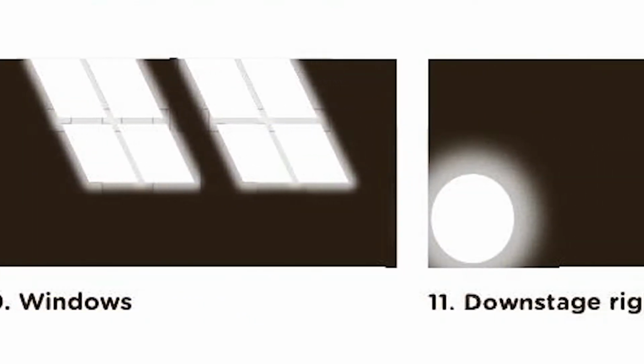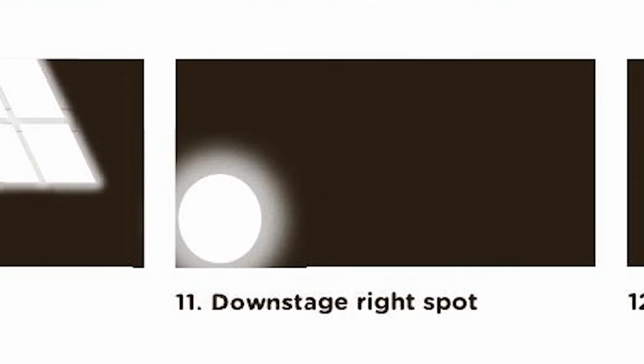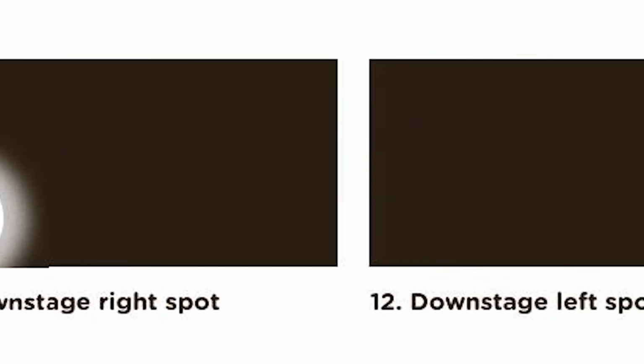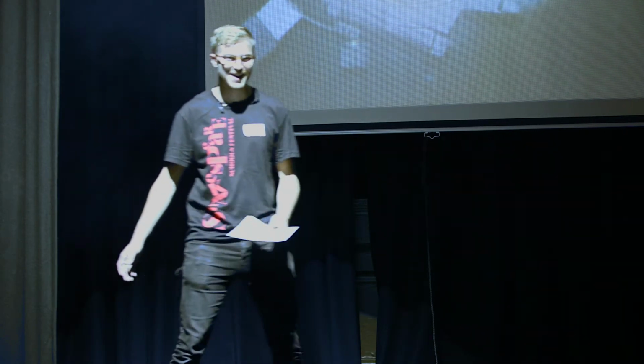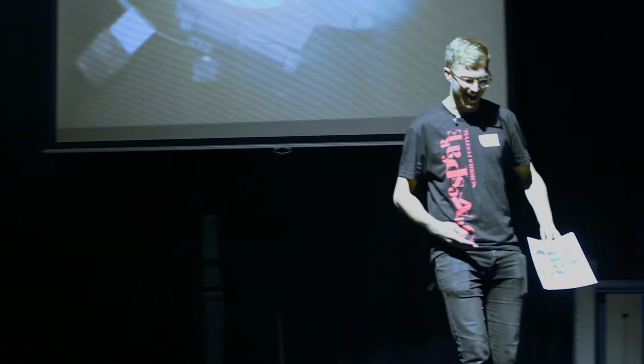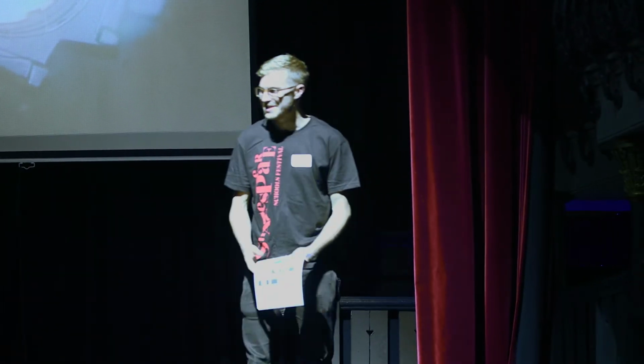We also have the windows, and then we'll have two spots, a downstage right and a downstage left spot. On the right. And on the left. So yeah, the 12 lighting states that you will have available for you in every theatre.